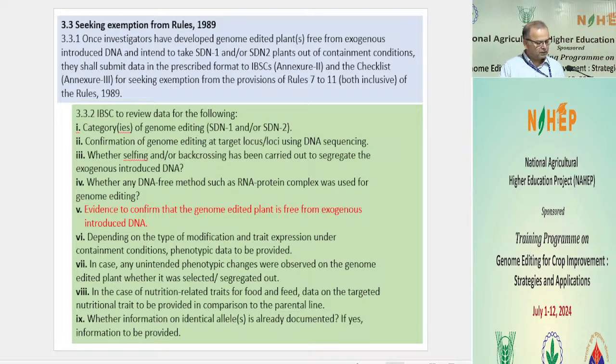Whether information on an identical allele is already documented; if yes, information is to be provided. So many times that particular allele is already present in nature. For example, just a hypothetical example, you might have heard about BLB resistance. Bacterial leaf blight resistance is governed by some recessive genes, isn't it?